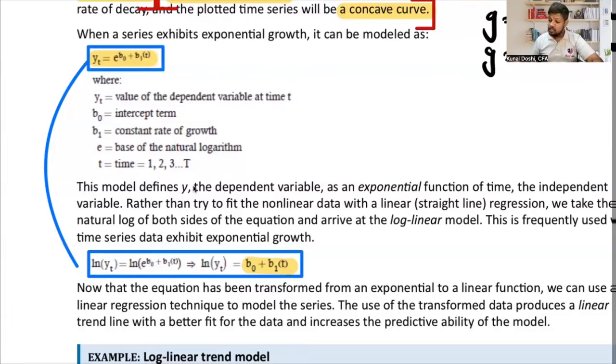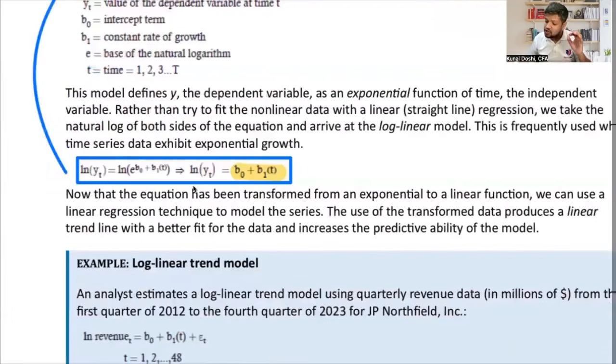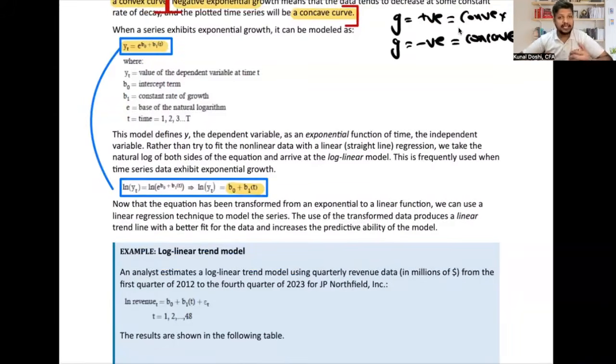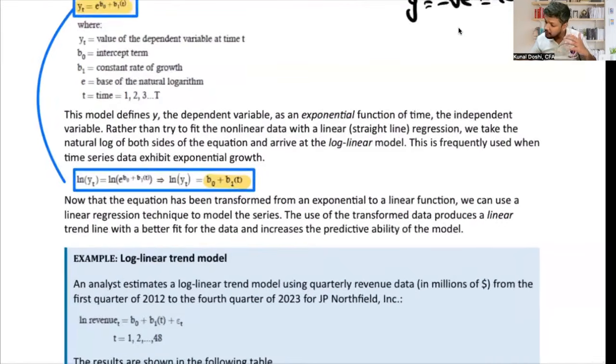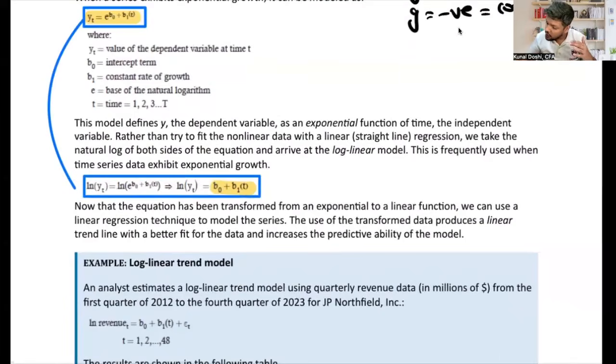So what have I done here? I have transformed the model, which means we have transformed the data, which produces a linear trend line with a better fit for the data. By converting the values into the log natural of y, we have transformed the equation.